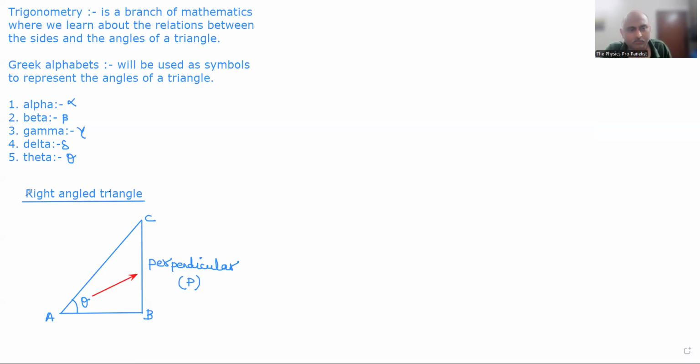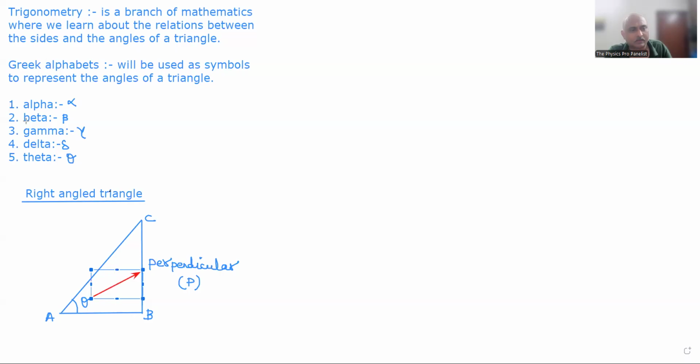Okay. Now there is another thing. Suppose this is another angle, say phi, or let's call it alpha. For alpha, which side will be perpendicular? A and B. Very good. The side which is opposite to the angle is the perpendicular side for that angle. I hope all of you understood it. Anybody having any doubts?